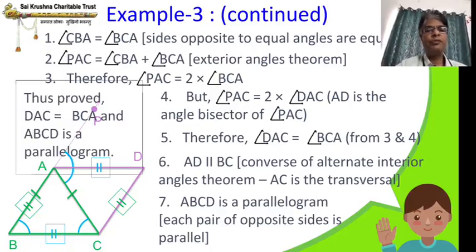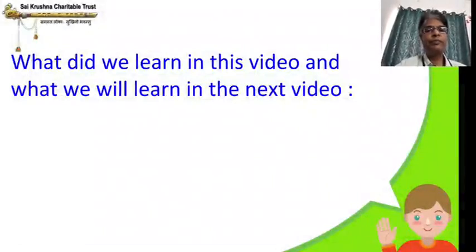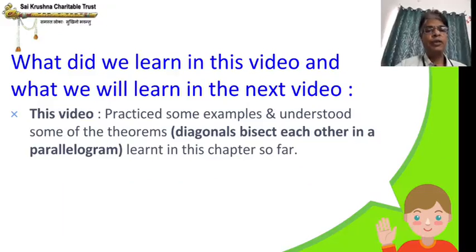Yes, let us move forward. So in this video, we have learned that diagonals bisect each other in a parallelogram. In example 2, we understood that diagonals bisect each other in a parallelogram. If you have not understood, go back to example 2 and thoroughly understand. So the property of parallelogram we learnt in this video is what I have written.